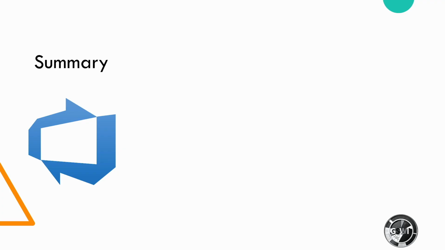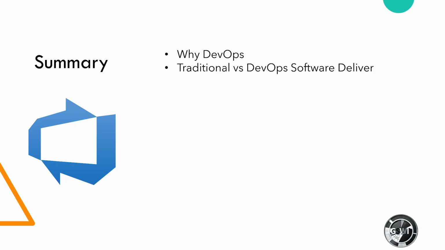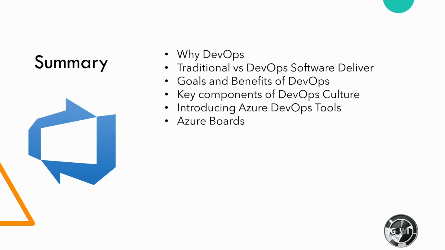Summary. Let's summarize what we have learned in this course. We have learned why we need DevOps for better software with faster releases. We discussed the drawbacks of traditional software deliveries and how we can overcome those using DevOps. In Azure Boards, we can plan, track, and discuss work across the entire development process.